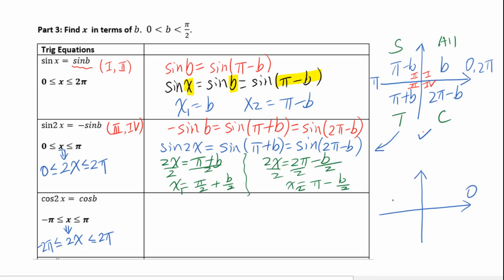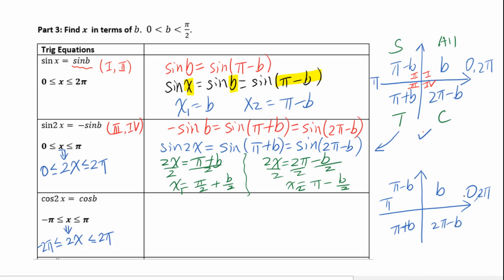For 0, pi, and 2 pi, you get b, pi minus b, pi plus b, and 2 pi minus b.